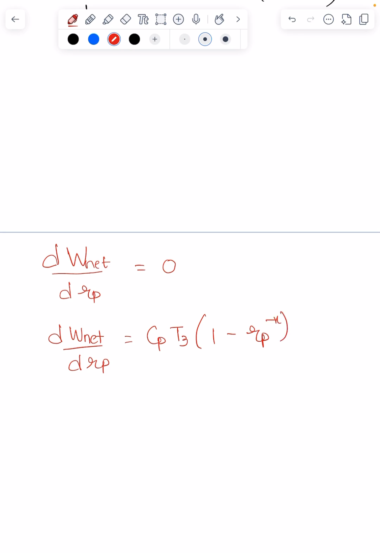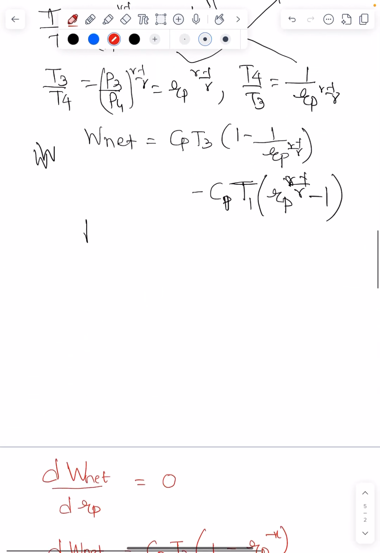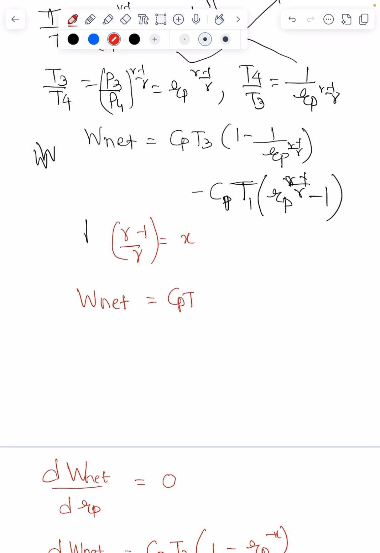Now what is this minus x? I am basically trying to simplify this. So this expression of gamma minus 1 by gamma, I am putting it as x. So this W net will be Cp T3 times 1 minus 1 upon Rp raised to x. Why am I doing this? I am doing this to simplify my differentiation.